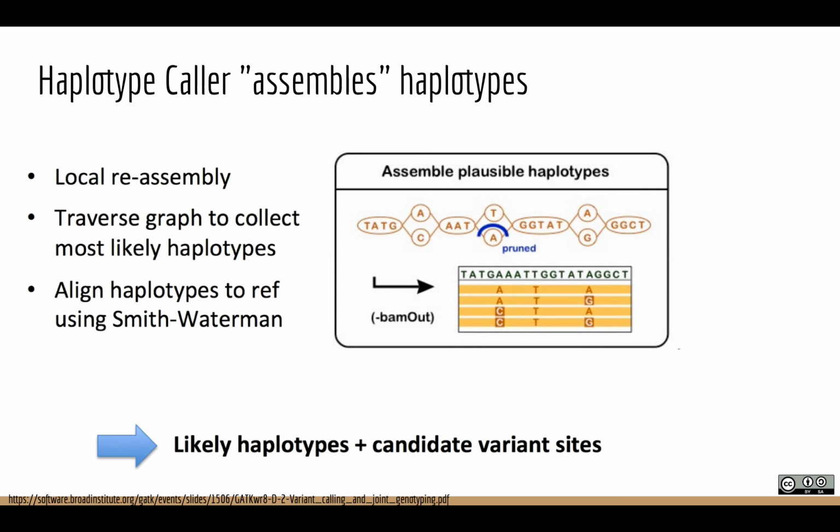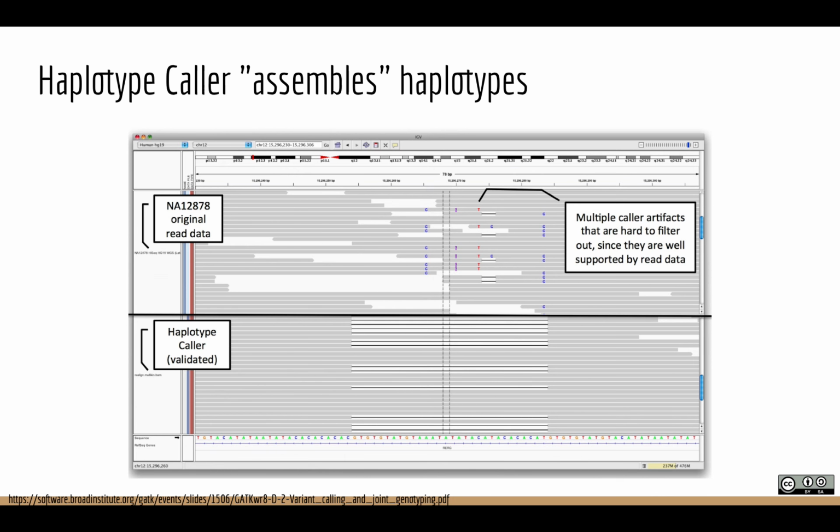So if reads span 2 sites that are polymorphic in the individual, you should see this linkage between allele 1 at the first site and allele 1 at the second site, etc. You can use that as almost like an inherited snippet of a chromosome. So it'll use that information to scrub the genotypes and the variants that it calls.